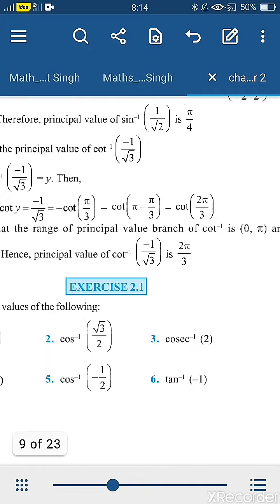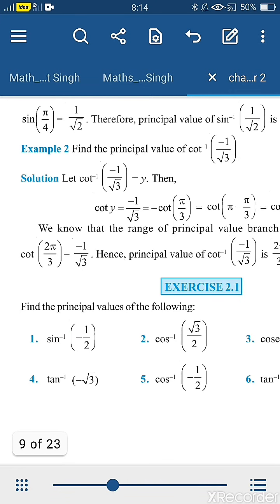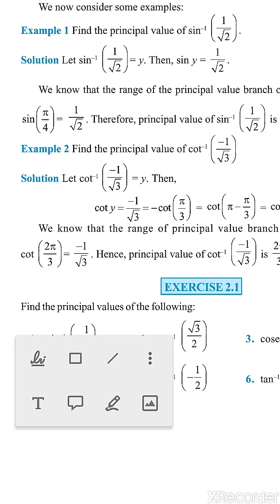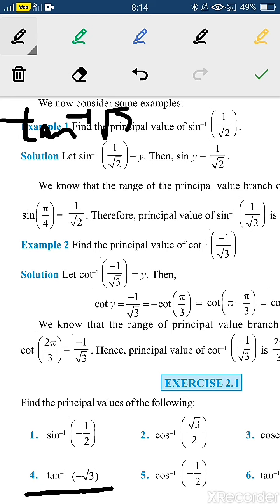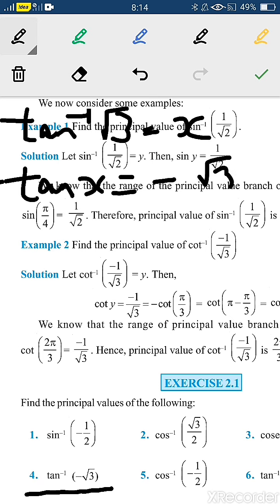Now let us take the fourth part, tan inverse minus root 3. This we are going to take. Now I am going to solve tan inverse here. Let tan inverse of minus root 3 be equal to x. This implies tan x is equal to minus root 3. Here the negative sign is there.